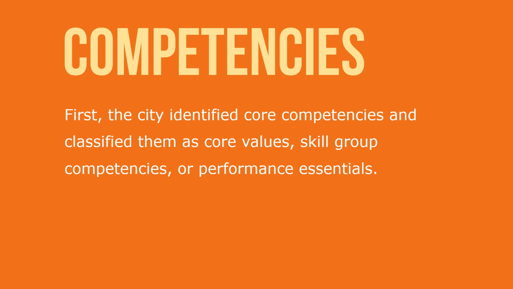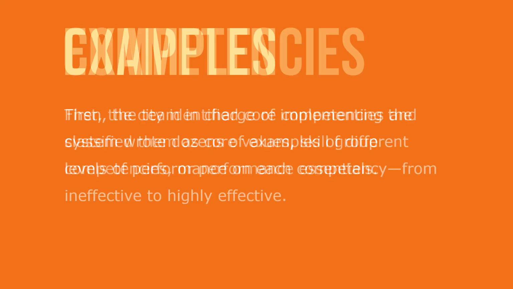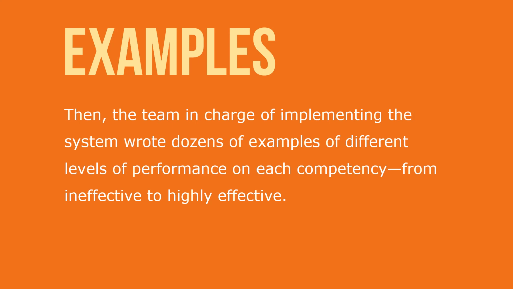First, the city identified core competencies and classified them as core values, skill group competencies, or performance essentials. Then, the team in charge of implementing the system wrote dozens of examples of different levels of performance in each competency, from ineffective to highly effective.